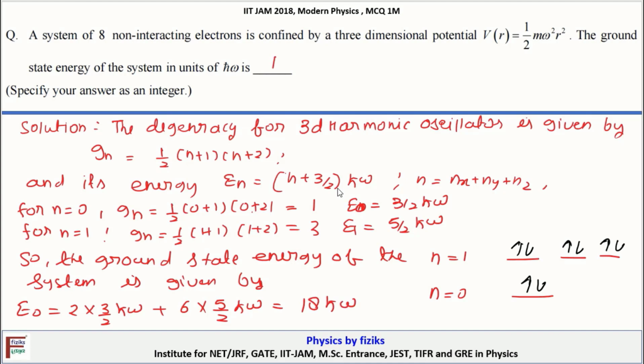So our answer for this is 18 ħω. So the numerical value is 18 for this problem.